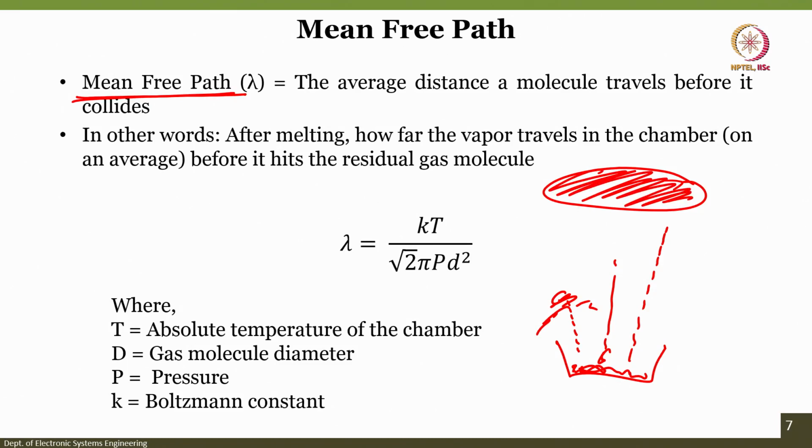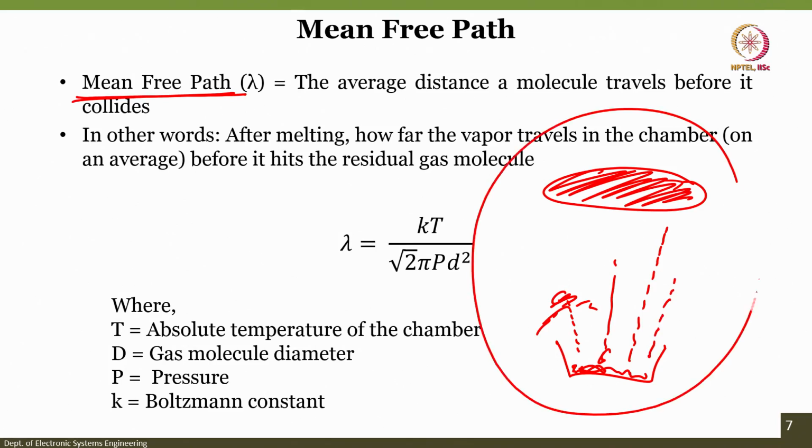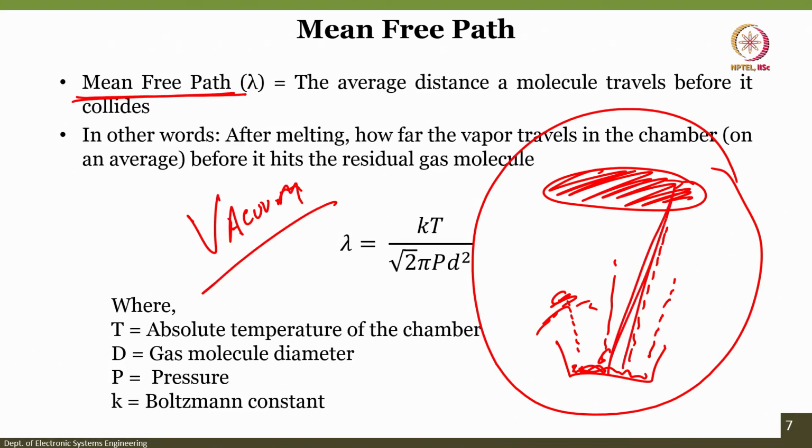So, what will it collide with? It will collide with some particles or residual gas molecules, and to remove these residual gas molecules we use vacuum, right, to increase the mean free path. The longer the path is, the better the deposition, correct.